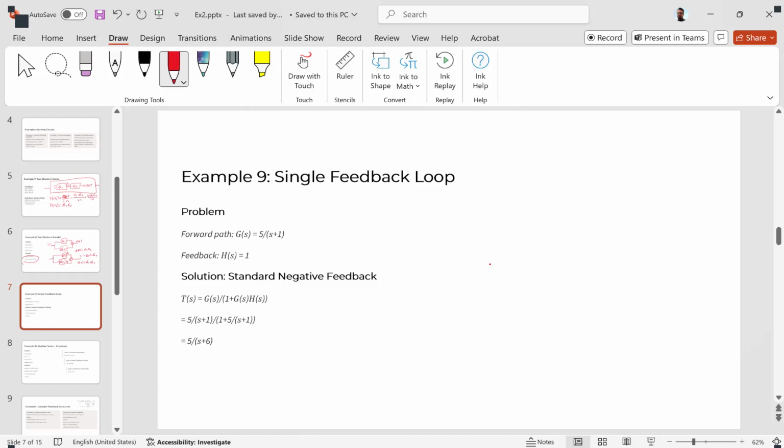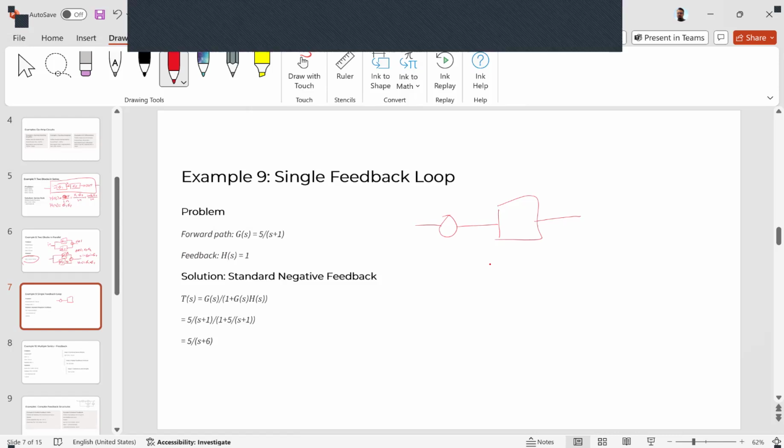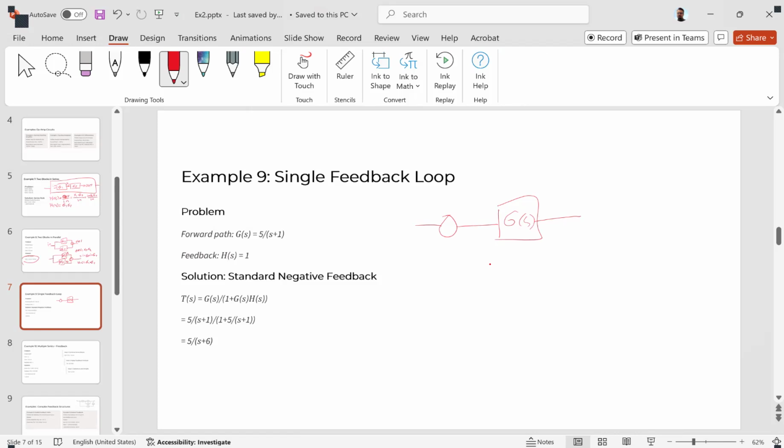Now, when we want to show the feedback, we have our transfer function that gives us the relation between input and output. Generally, without the feedback, we have G as the relation between input and output.